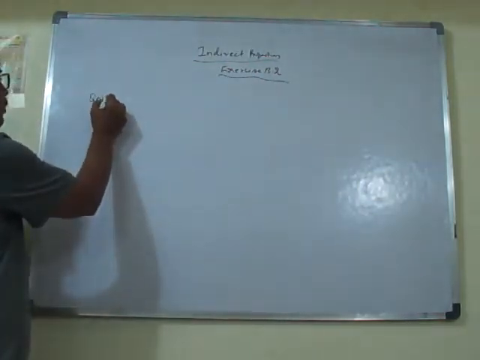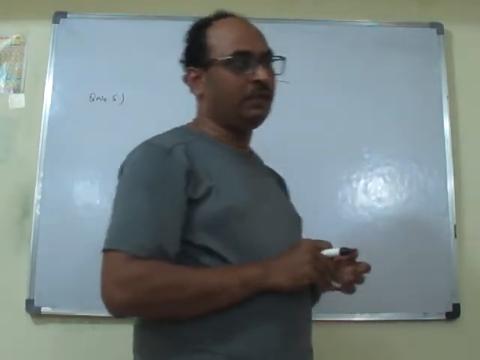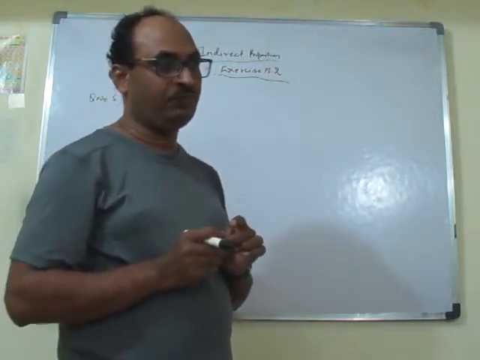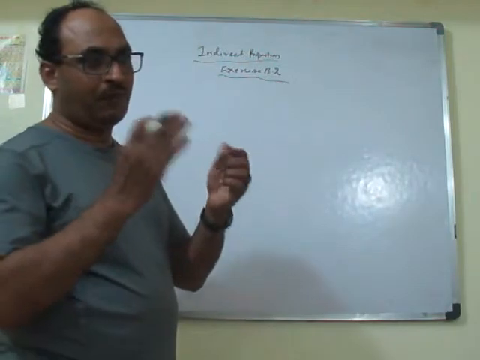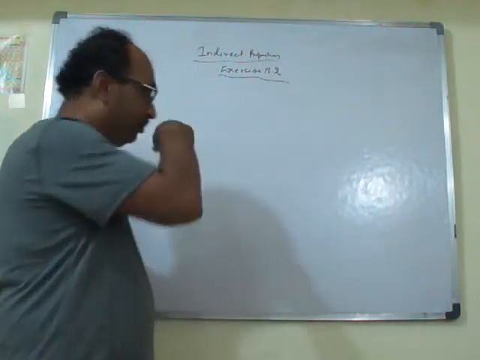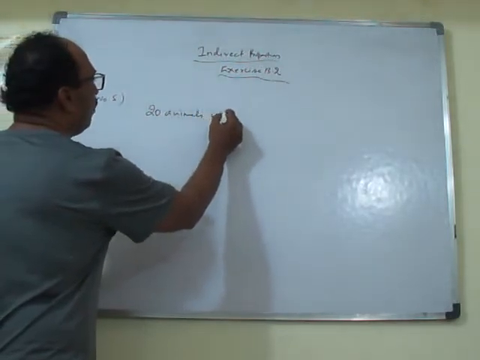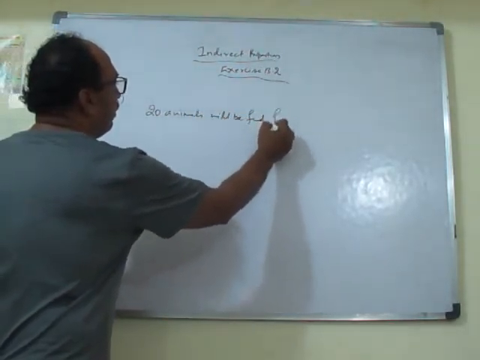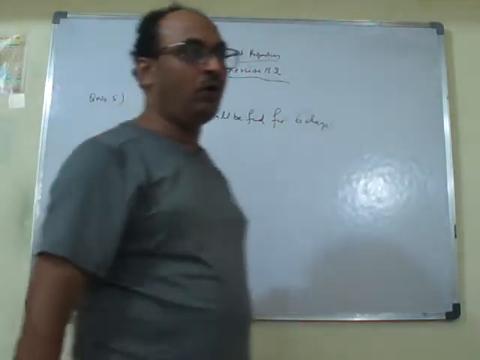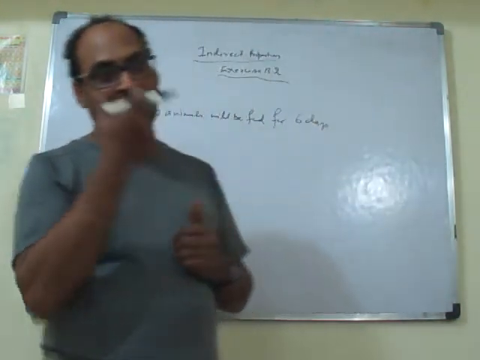Question number 5. A farmer has enough food to feed 20 animals in his cattle for 6 days. Okay, a farmer has enough food to feed 20 animals for 6 days. How long would the food last if there were 10 more animals in his cattle?